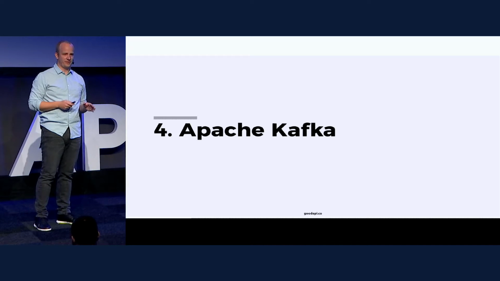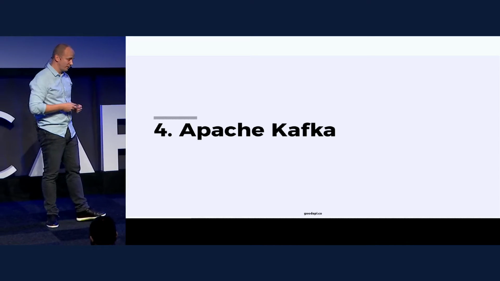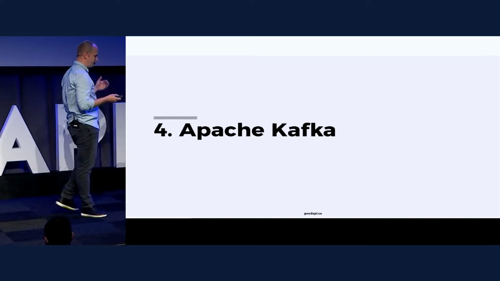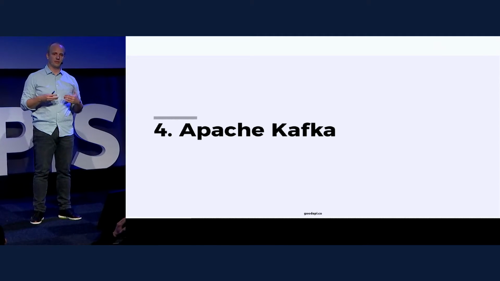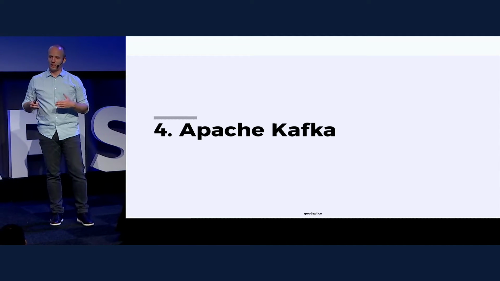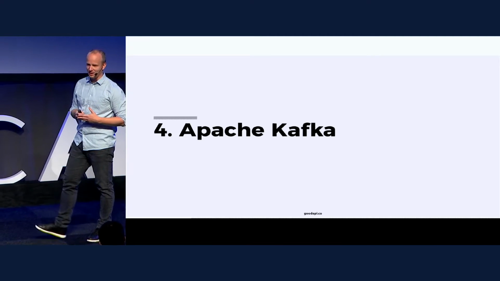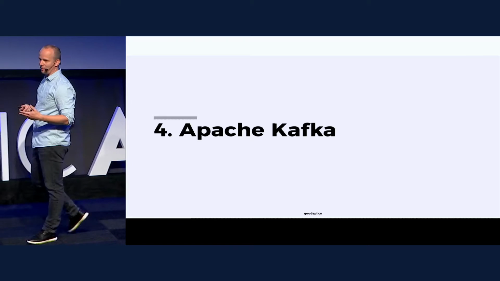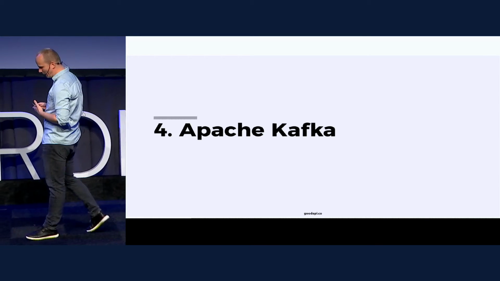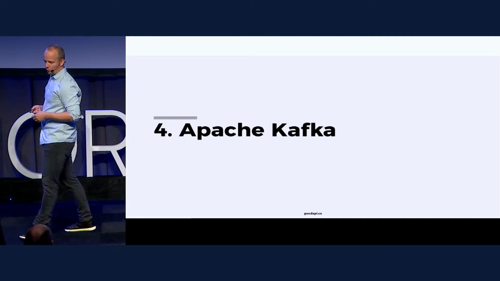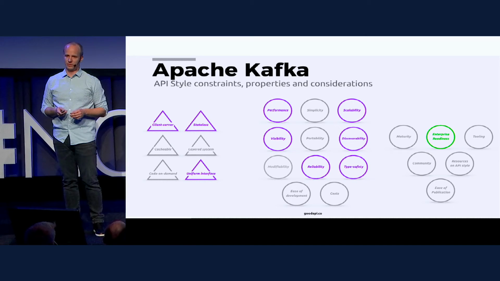Moving on, a very different style, actually a framework. This is Apache Kafka, very trending right now. Almost, I would say, at least in my environment, more than GraphQL. It's a publish-subscribe framework, which offers amazing performance.